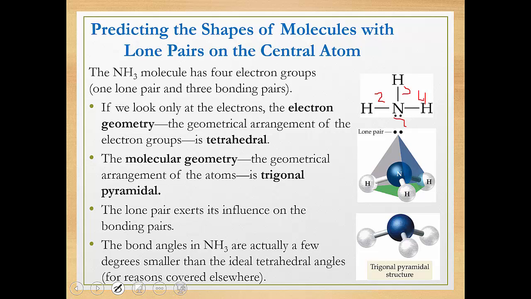If we look at the electrons, the geometry with all the electrons, known as the electron geometry, is tetrahedral, just like we looked at in methane. But if we look at what's known as the molecular geometry, which is just the arrangement of the atoms. So when you're talking electron geometry, you're talking everything that's in the molecule attached to the central atom.